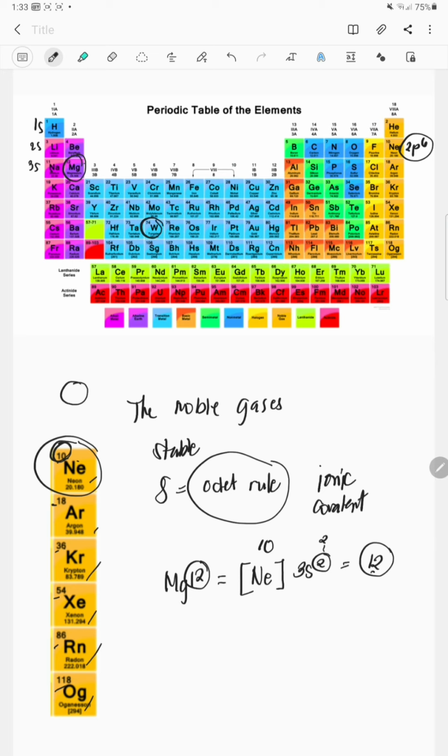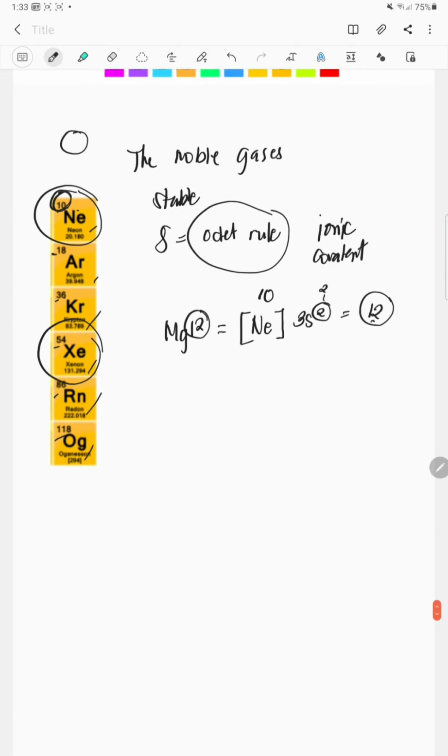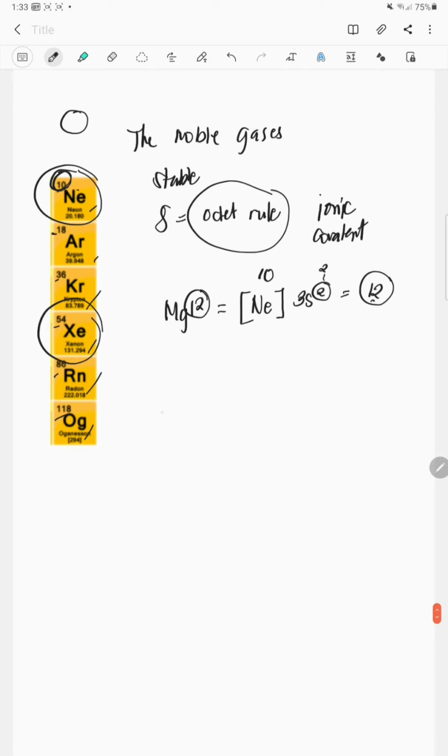Ito, tungsten 74. Okay, what is the noble gas before? Okay, before tungsten. So, 74, automatically, si Xe na yan. So, Xe, xenon. Okay, we have tungsten 74, we have xenon.